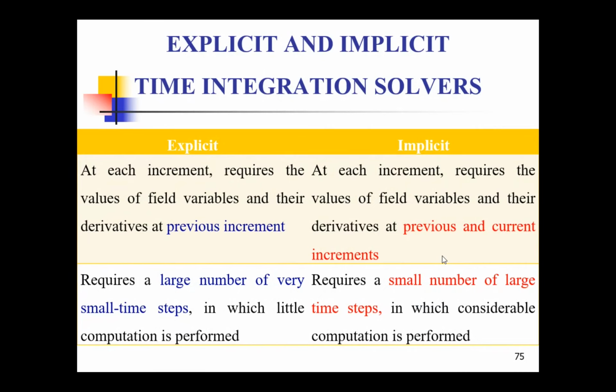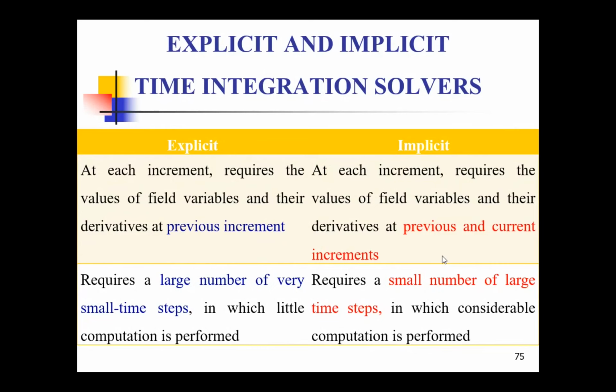So in case of explicit analysis, at each increment the values of field variables and the derivatives are determined from the previous increment. But in the case of implicit, we are going to determine the values based on the previous and the current increment.